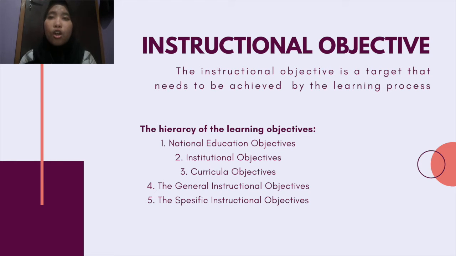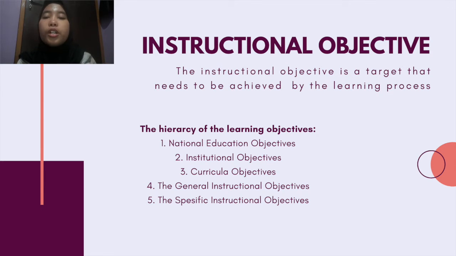So each school or institute has its own objective based on its characteristics, but of course still refers to the national education objective. We can see this objective from the standard kompetensi lulusan of each institute, like the SMK objective of course would be different from the SMA objective.